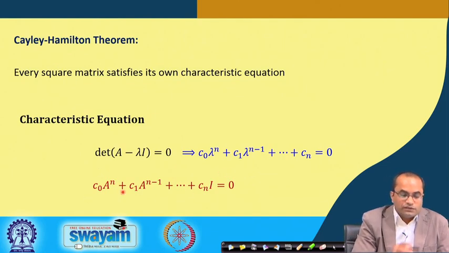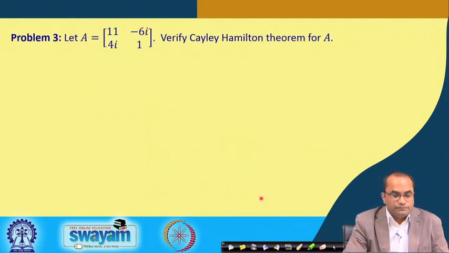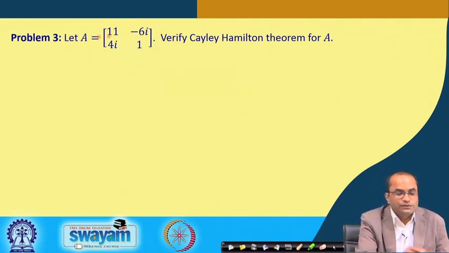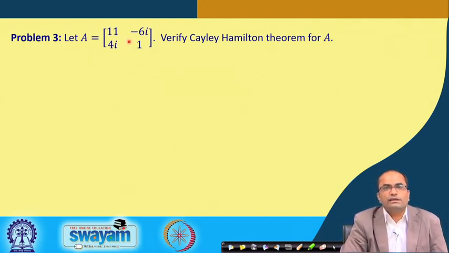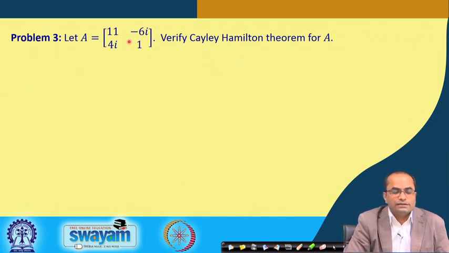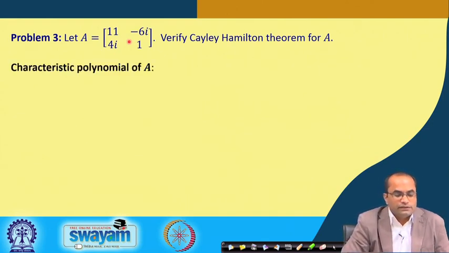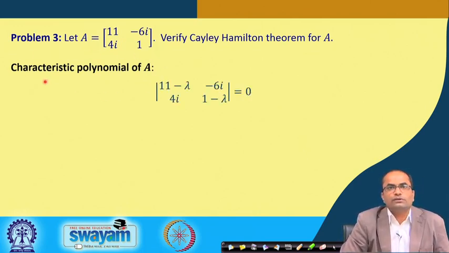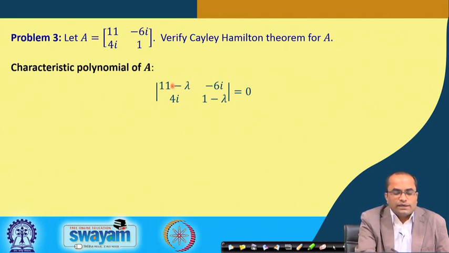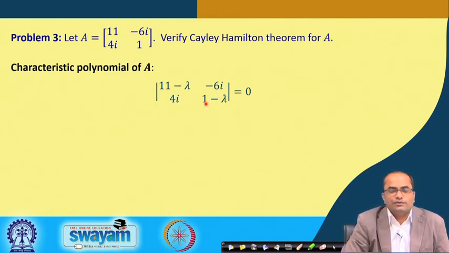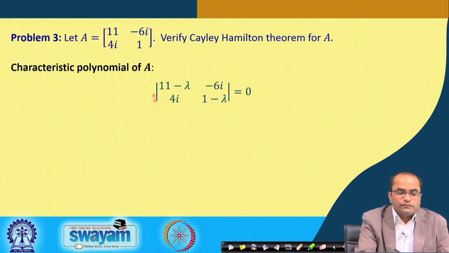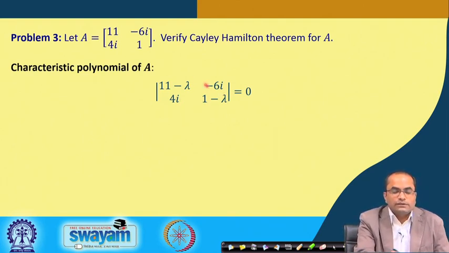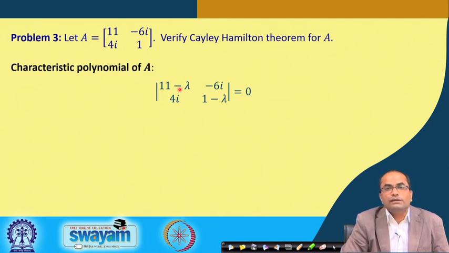So, that is the result of the Cayley-Hamilton theorem, which we can verify, for instance, for this very simple example, which we have taken: 11, minus 6, 4 and 1. We will verify this characteristic polynomial by the Cayley-Hamilton theorem. The characteristic equation we have to write corresponding to this A, which will be just by subtracting this lambda from the diagonal entries, and now we can write it in terms of this determinant here.